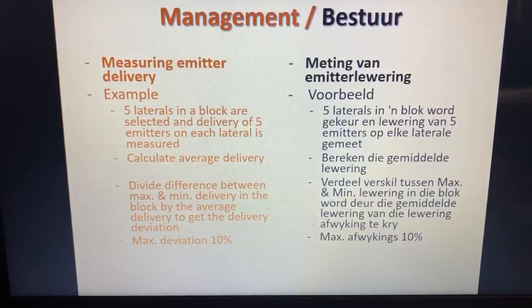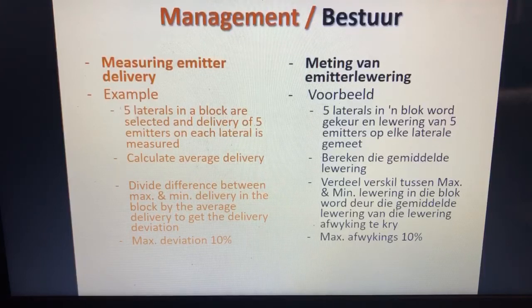So that's 25 emitters in total. And then for these 25 emitters you're going to measure, maybe you put it on for 10 minutes, and then you'll measure the volume of water that's being delivered from an emitter in that 10 minutes.